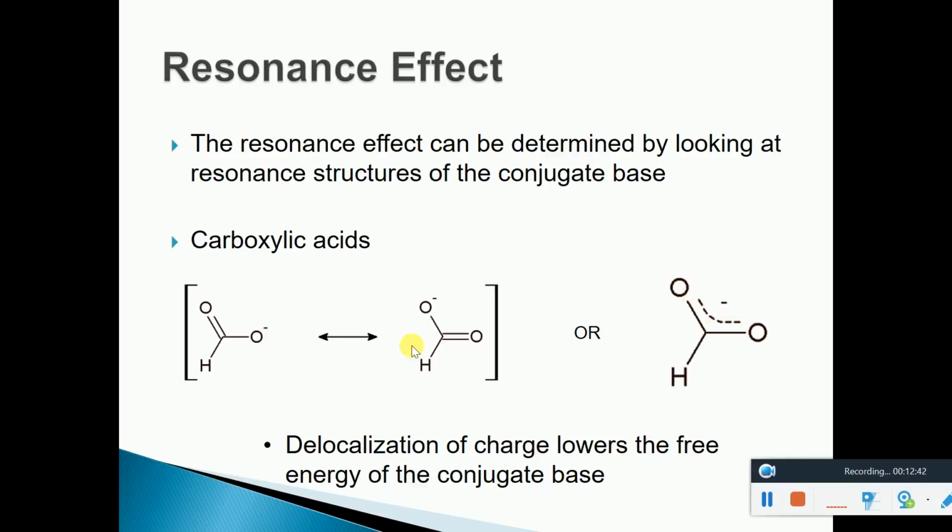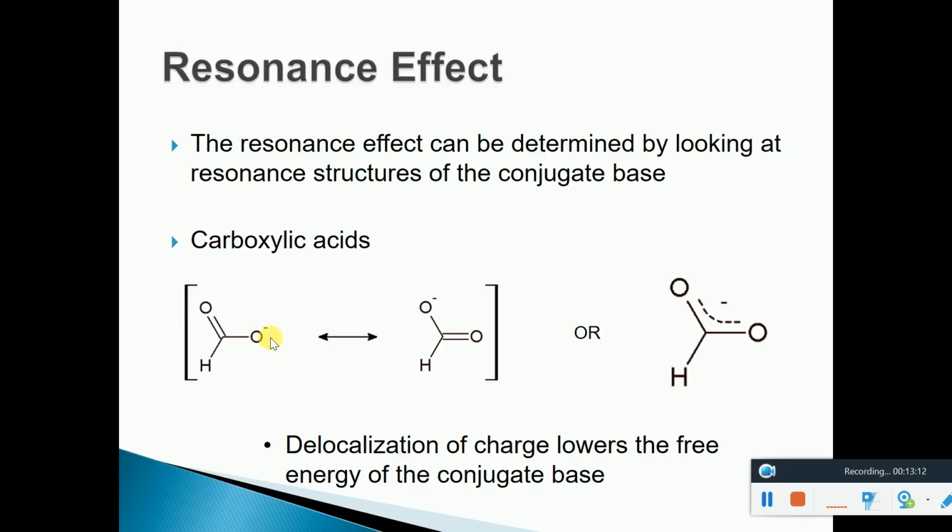We can show that with the hybrid model here, showing that there is delocalization between these two oxygens. So just a really quick recap. This is resonance. This is how you show resonance. If you see the resonance effect in the conjugate base of an acid, you will need to think, okay, that is stabilizing the base. If it has that resonance stabilization, then the acid is going to be stronger because of it. What's happening here: we have the square brackets, the double-headed arrow, and these electrons on this oxygen.